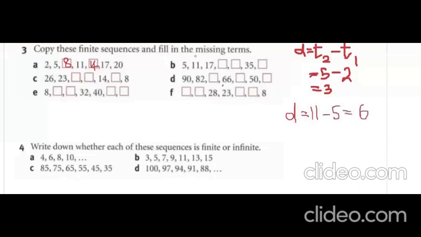So we need to add 6 for each and every term. So 17 plus 6 is 23. And 23 plus 6 is 29. And 35 plus 6 is 41.